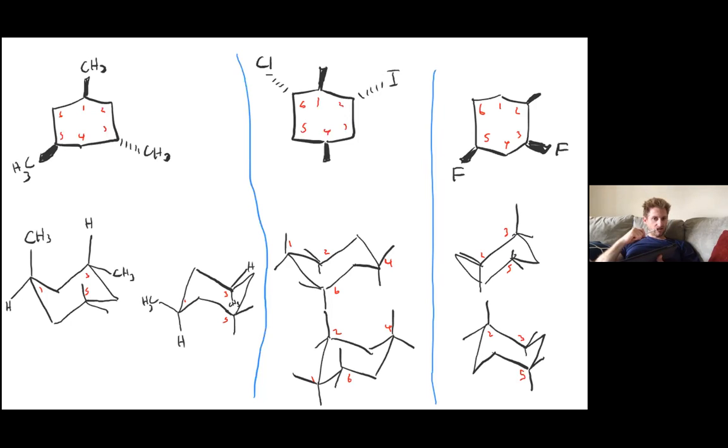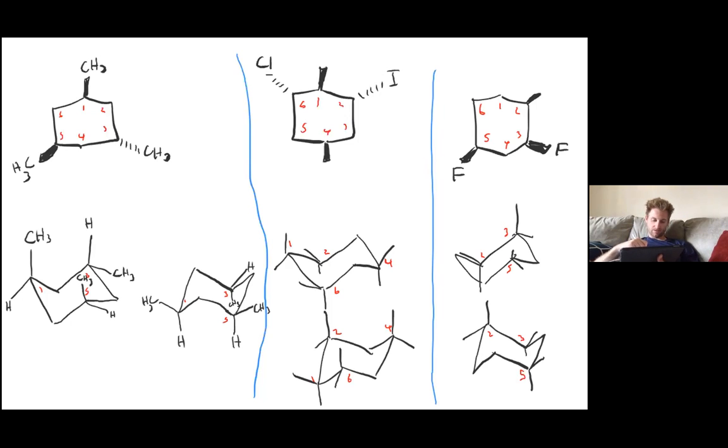Looking at our last one, we've got another wedge CH3, so another upward facing CH3 on position 5. If I draw in a CH3 here, and H here, the other CH3 would be in this position versus this one here.